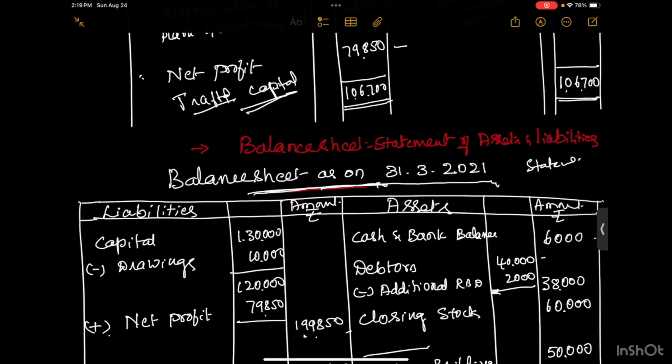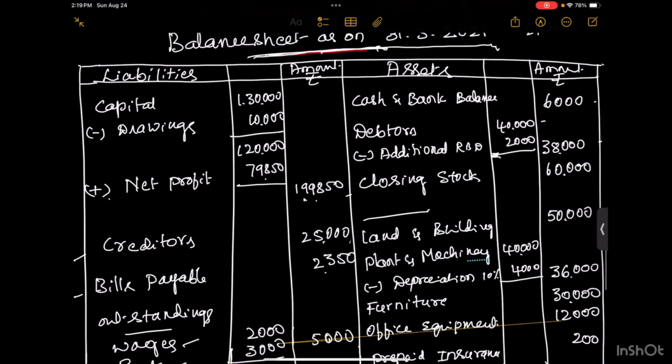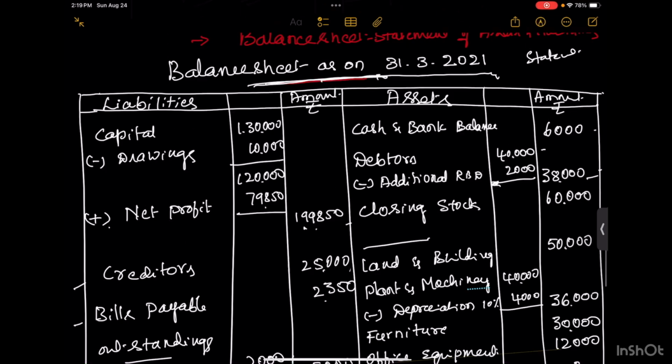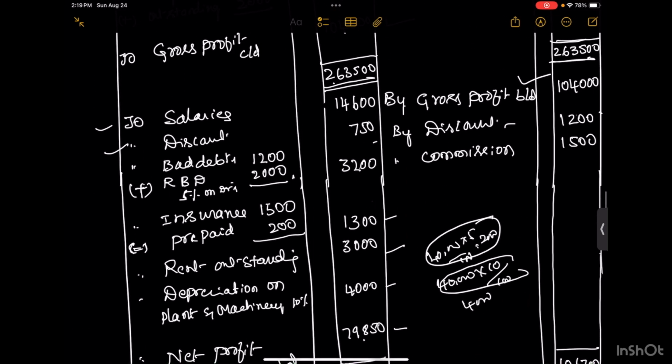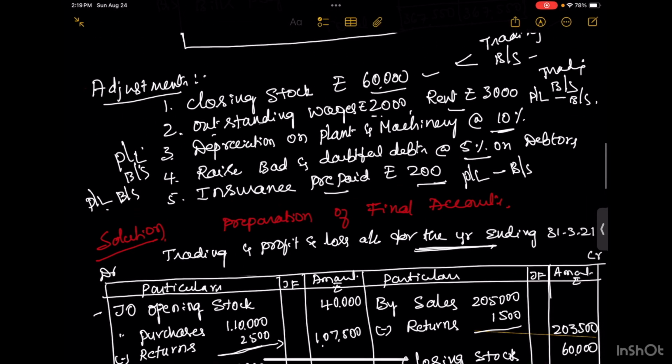Bad debt means money which cannot be recovered. There is a doubt in recovering that, so that is to be subtracted, and the balance of 38,000 is to be taken here. And closing stock, which is given in the adjustment.